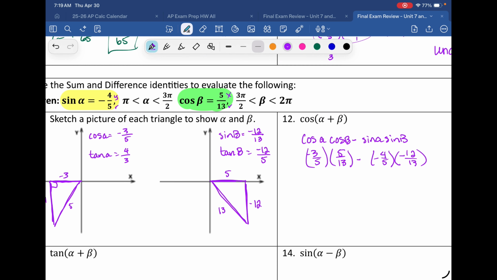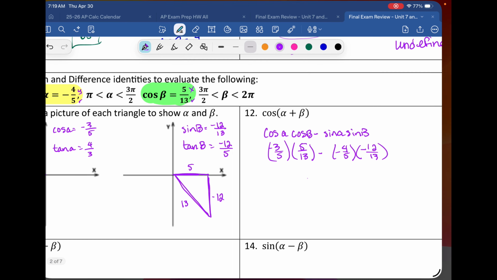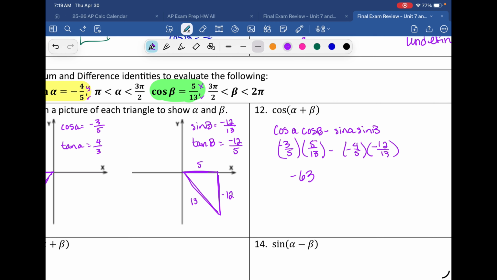And then, like I said, at this point, you can just type this in your calculator. You don't need to worry about trying to work it out, trying to get those common denominators, all that. So we get negative 63 over 65.